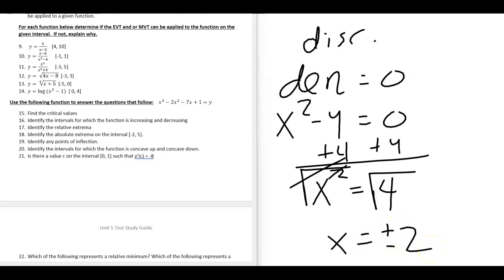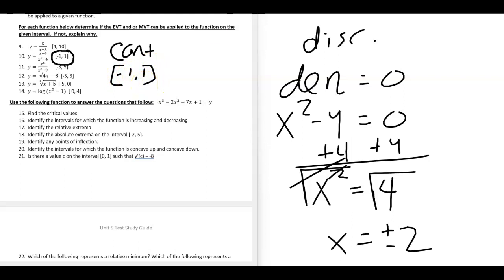So we actually have two discontinuities. One is at 2 and one is at negative 2. Are either one of those numbers, 2 or negative 2, between negative 1 and 1? The answer is no. So even though this function does have discontinuities, it's not on the interval that we care about. So this function is in fact continuous on the closed interval negative 1 to 1.